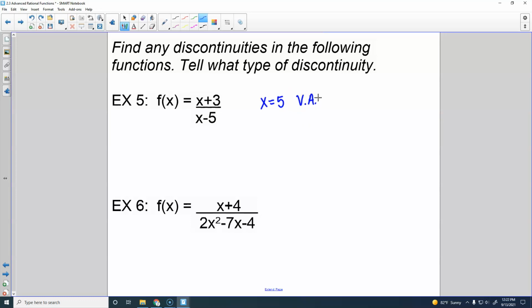Be really careful also. There are children out there that try to do this right here. They try to do this kind of canceling, where they just mark those x's out, and they've got 3 over negative 5, and then I don't know what they do from there. You don't usually do it in this section as bad as you do it in some other sections that we see. Can I cancel like that?